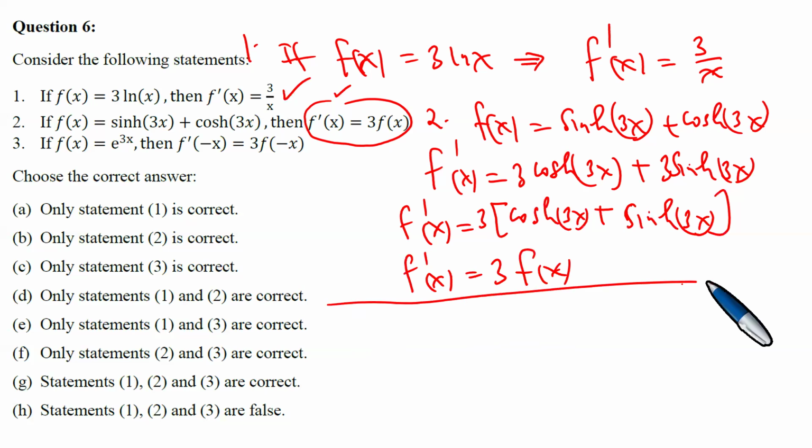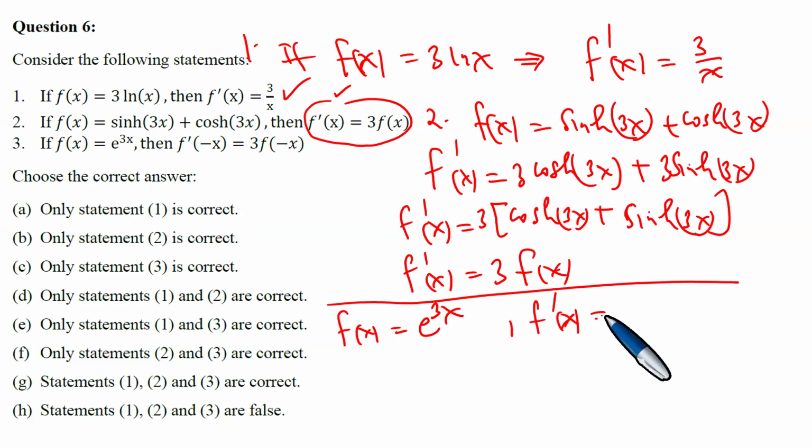Let us look at the other part. Right, so in the other part, we have f of x equals e to the power 3x. Is it therefore true that you actually can be in a position to deal with the actual derivative? Let us check this. So what is the derivative of minus x? First things first, we can find the derivative, and the derivative is actually 3e to the power 3x, because you find the derivative of the 3x by the chain rule, and it becomes 3, and you multiply by e to the power 3x.